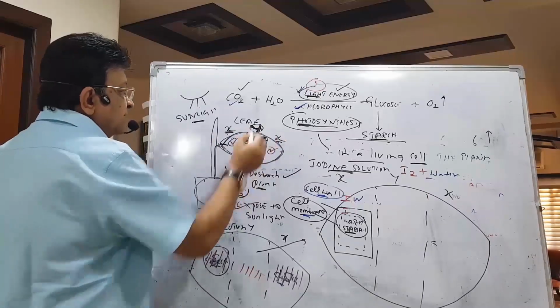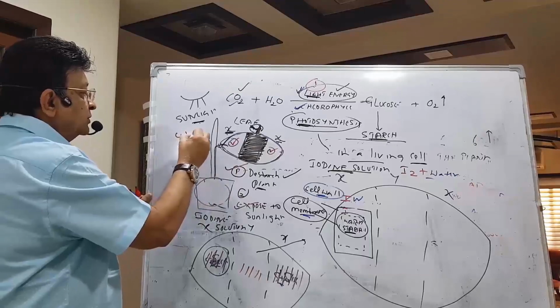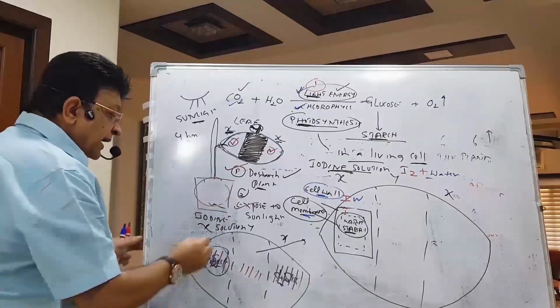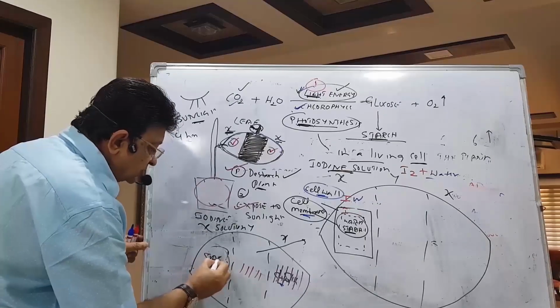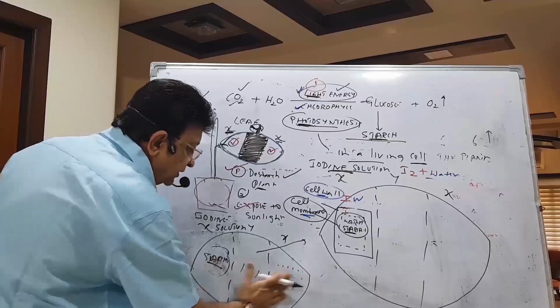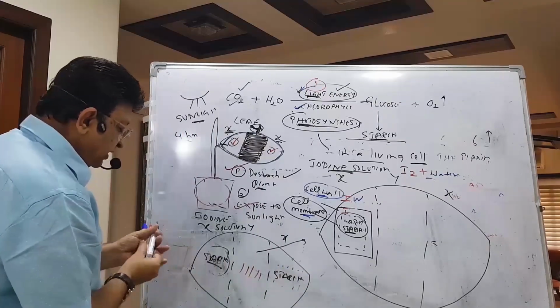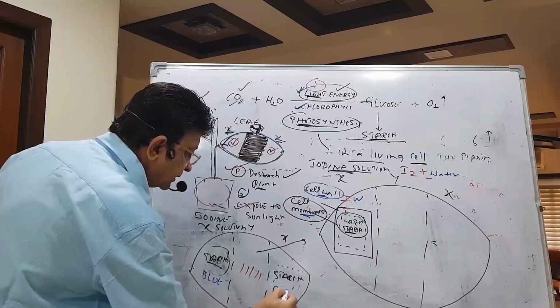Then I marked the areas X, X and Y. I exposed the plant to sunlight for 4 hours. And after that I was very sure that when I add iodine solution, this part where starch has been formed will definitely turn blue, which did not happen.